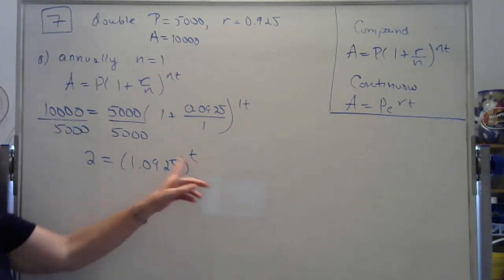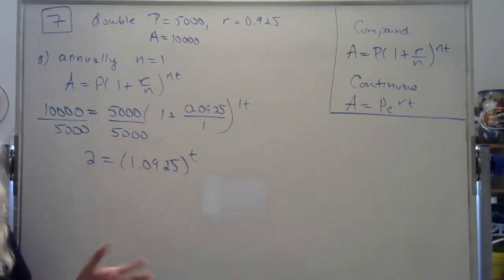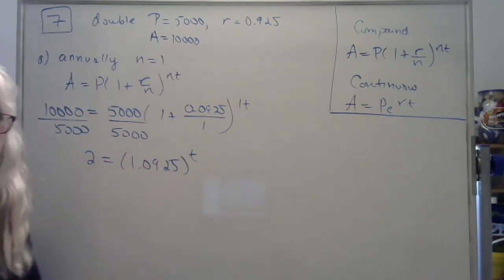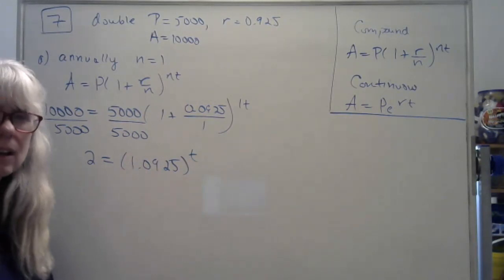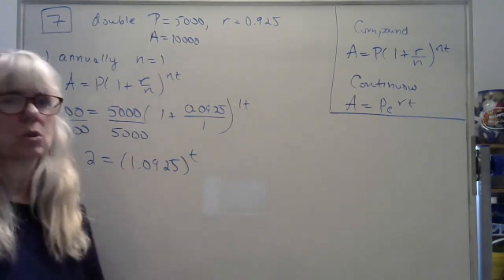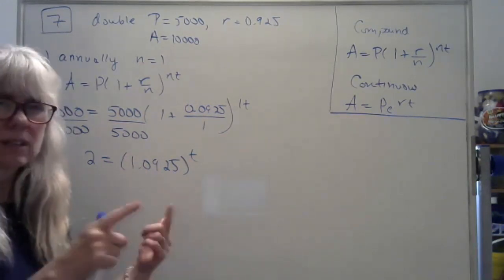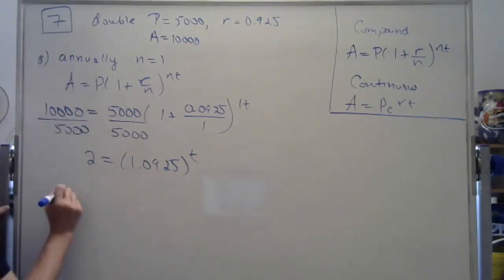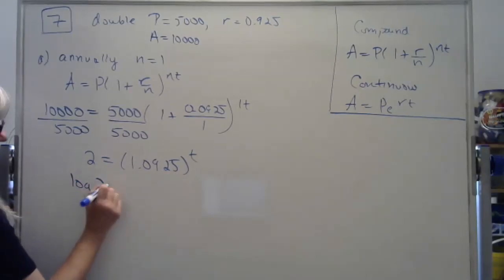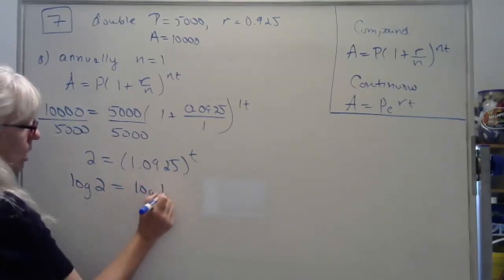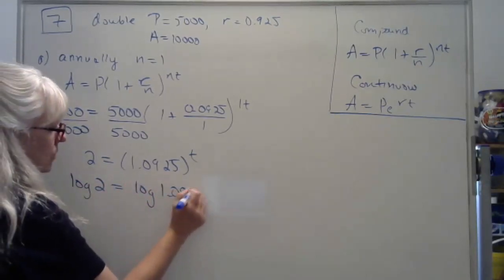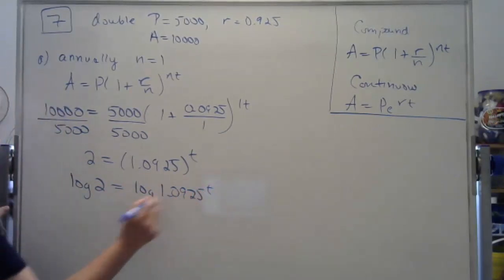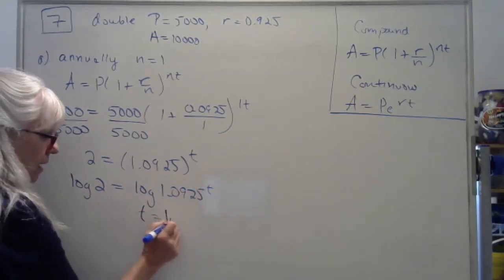So to bring it down, we're going to do that same thing, taking the log of both sides. Because I don't have an e here, I don't have to use the ln. I could use log. It just depends on which one you feel more comfortable with. I'm going to use log just to remind you it doesn't matter really which one you use. So we're going to do log of 2 equals the log of 1.0925 to the t. And again, the advantage is that you can now bring the t out in front.